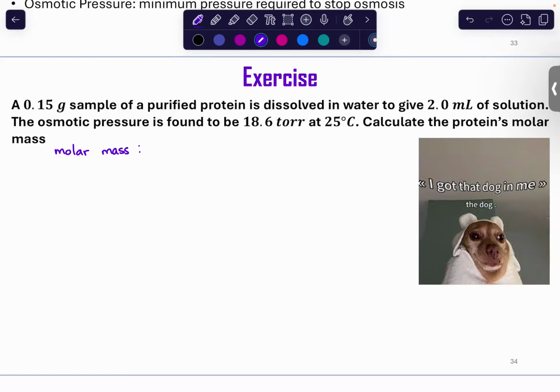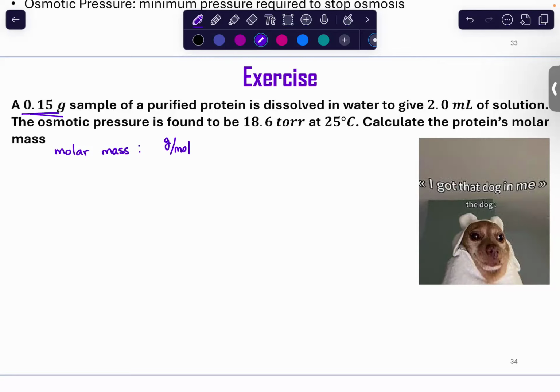Yep, per what? Grams per mole. So we're looking for a way to get grams per mole. I have grams. I need to figure out moles so I can divide the two.